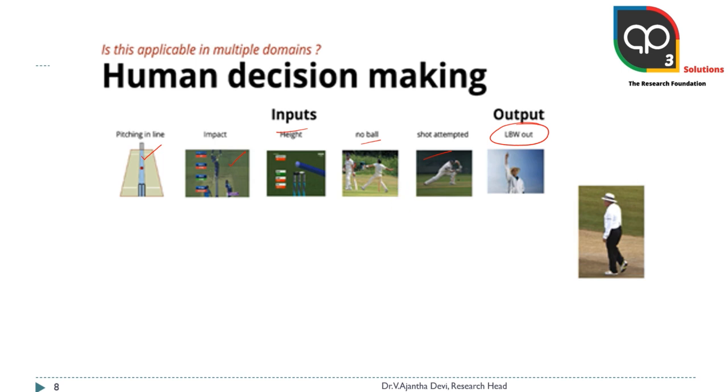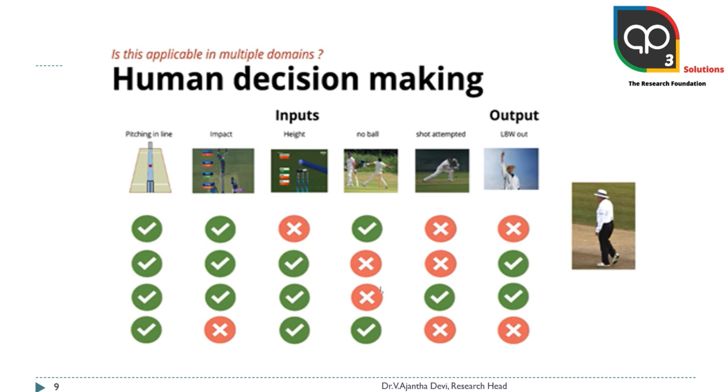Let us just treat our past viewing experience like a class. We would have seen one case where the ball was pitching in line and the impact was in line, but it was going over the stumps, and so it is a cross. The delivery was legal and the shot was attempted, but the umpire does not give this as out.